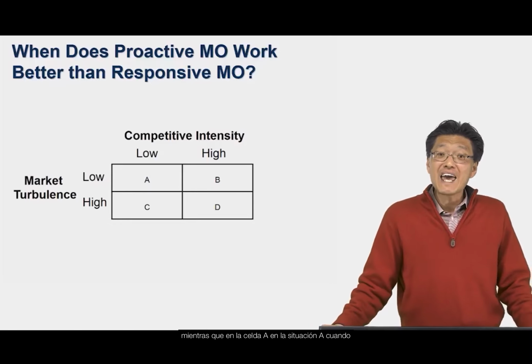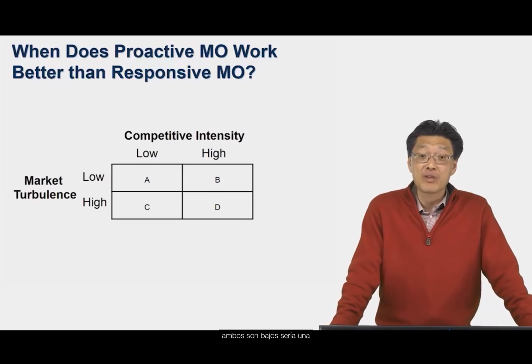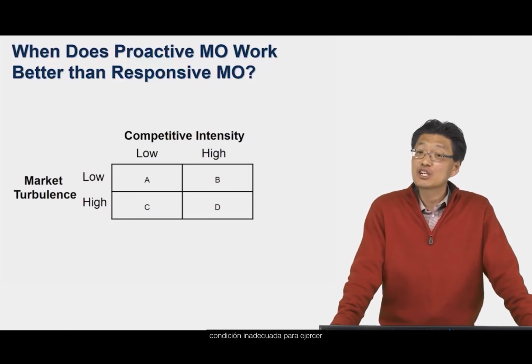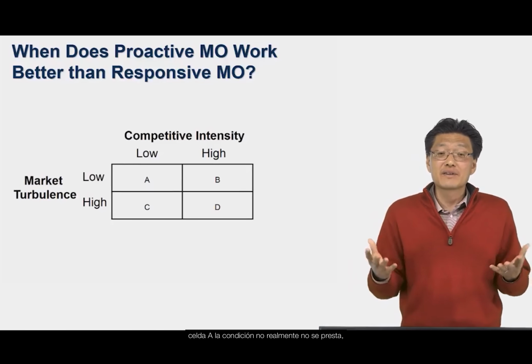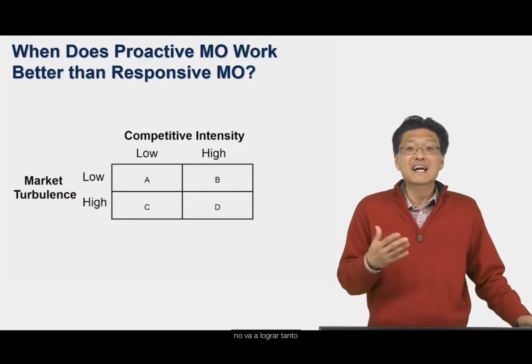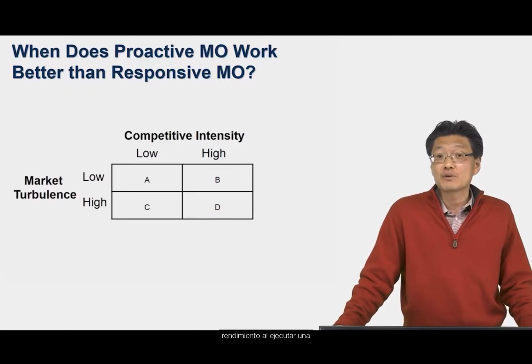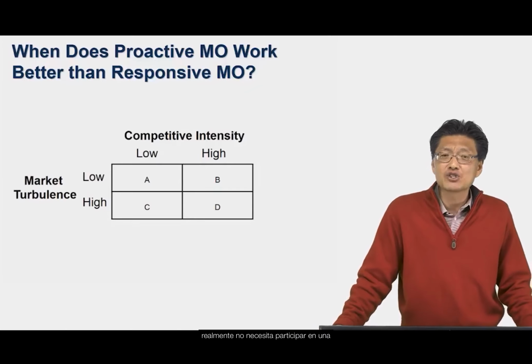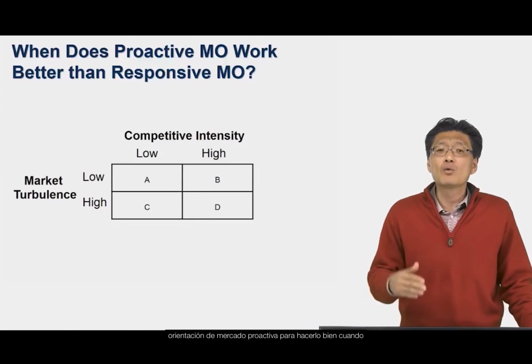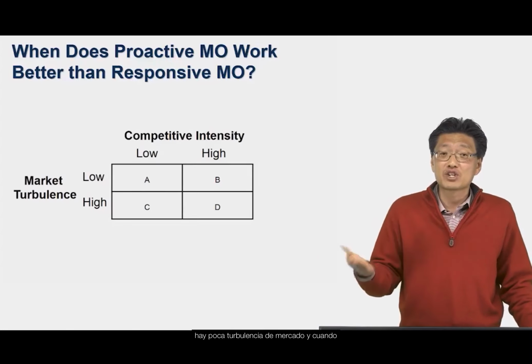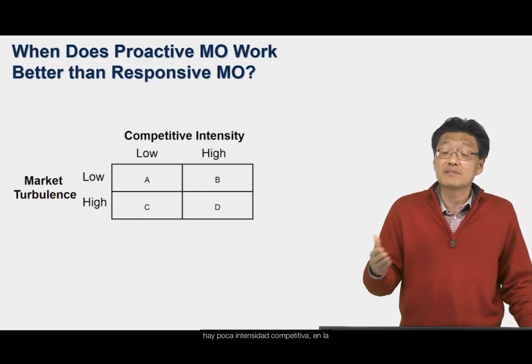Whereas cell A, when both are low, would be an ill-suited condition to exercise a proactive market orientation, because the condition doesn't really lend itself. You're not going to achieve that much performance by executing a proactive market orientation. In other words, you really don't need to engage in proactive market orientation to do well when there is low market turbulence and low competitive intensity.